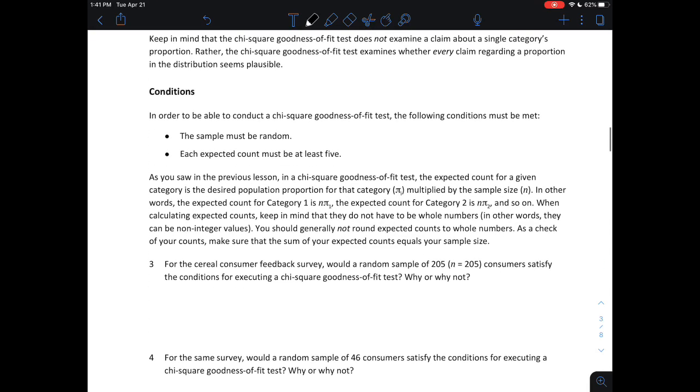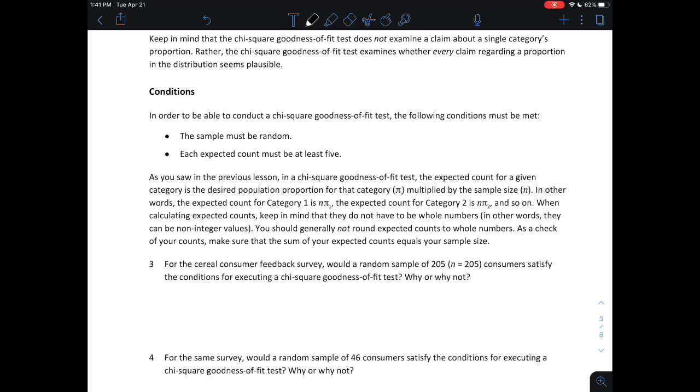As you saw in the previous lesson, in a chi-square goodness of fit test, the expected count for a given category is the desired population proportion for that category, pi sub 1, for instance, multiplied by the sample size n. In other words, the expected count for category 1 is n times pi 1.